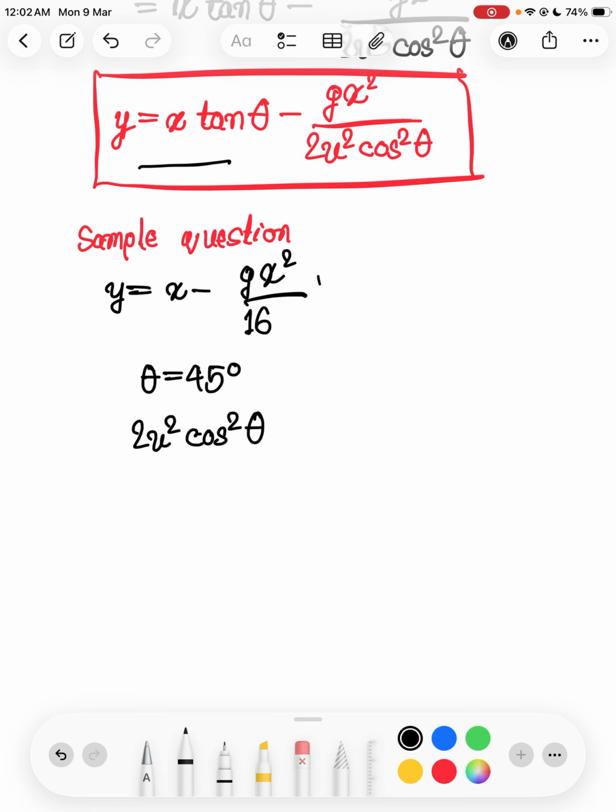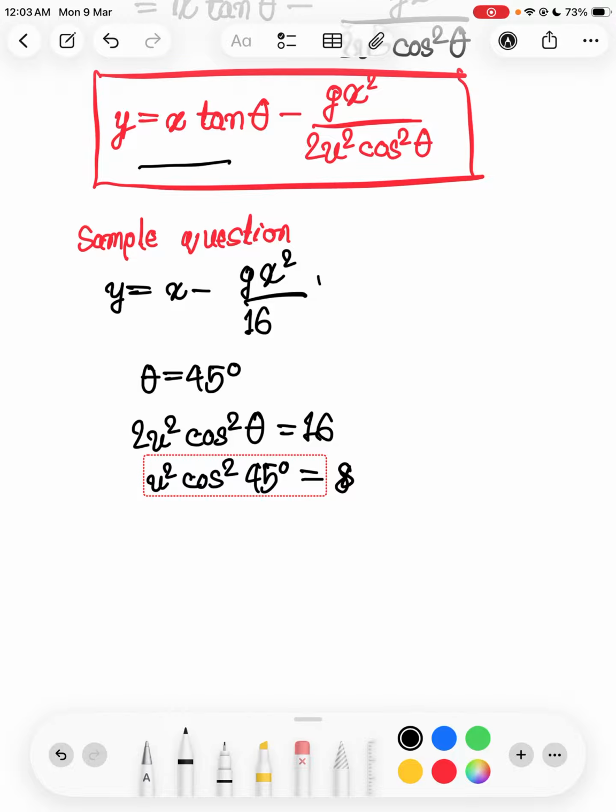From comparison, this is equal to 16. And you had theta equal to 45 degree, so u square cos square 45 degree equals 8, because 2 and 16 cancel out.